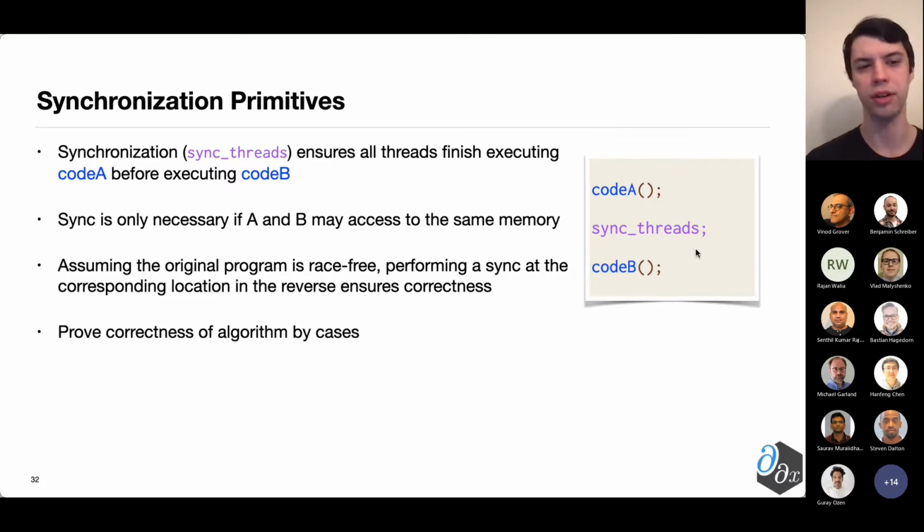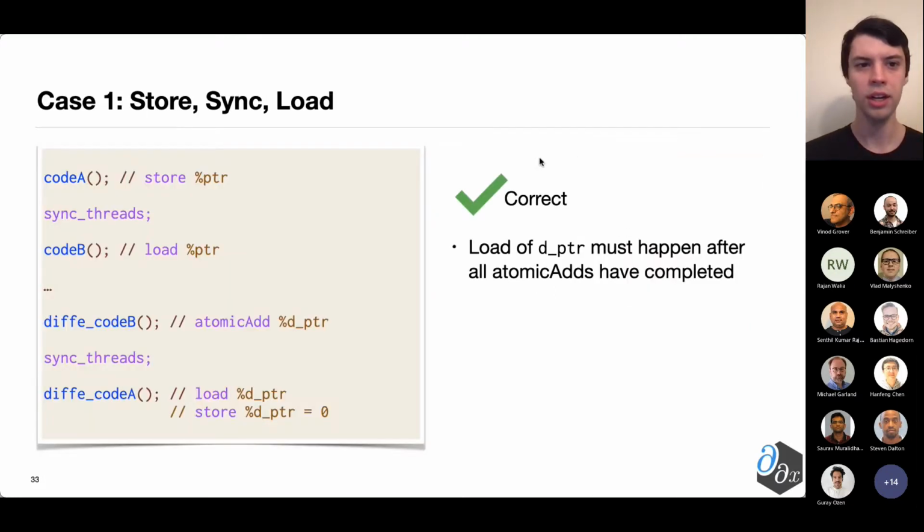We do so by proving correctness by cases, and I'll show you one of these cases as an example. Suppose inside of your first code, you store into some pointer, you sync, and then you potentially load from that same pointer. The corresponding derivative computation generated for that in the derivative code B case would be the atomic add into the derivative pointer. Again, we could do the slightly faster versions as we showed earlier if we prove that it's better memory, but for now we can just assume that it's a regular atomic add.